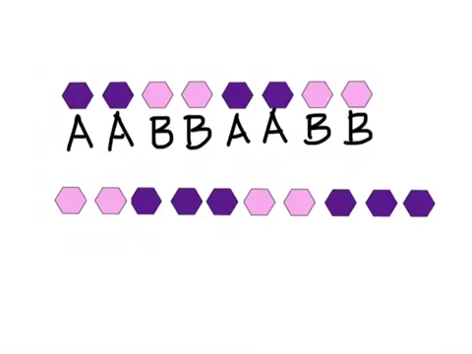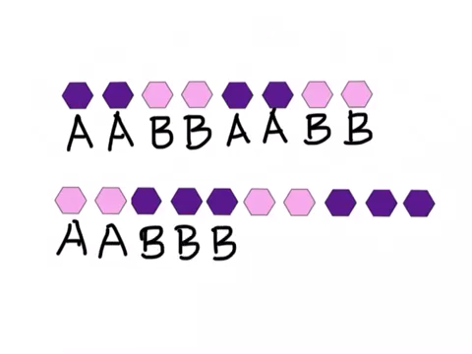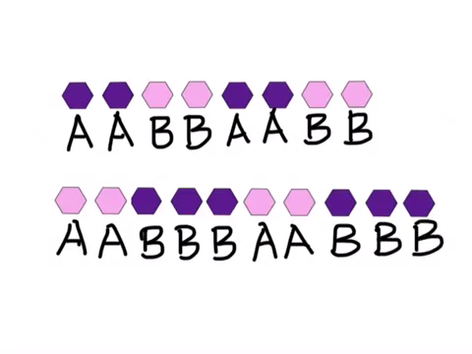Light, light, dark, dark, dark. Light, light, dark, dark, dark. So if I was going to use letters to describe this pattern, it would be an A, A, B, B, B. A, A, B, B, B. So it's an AABBB pattern.